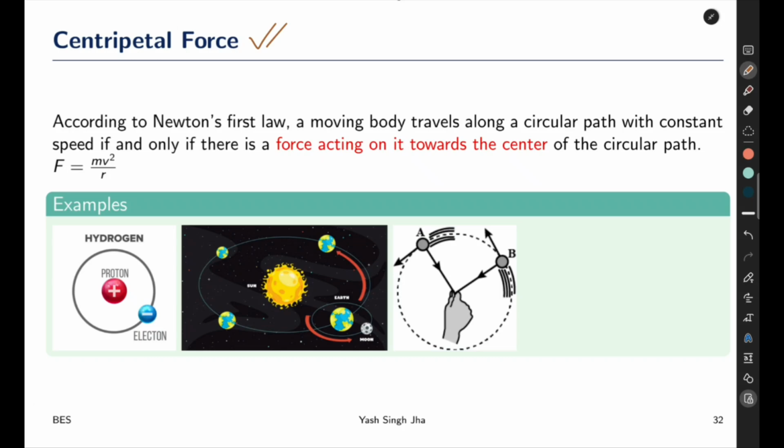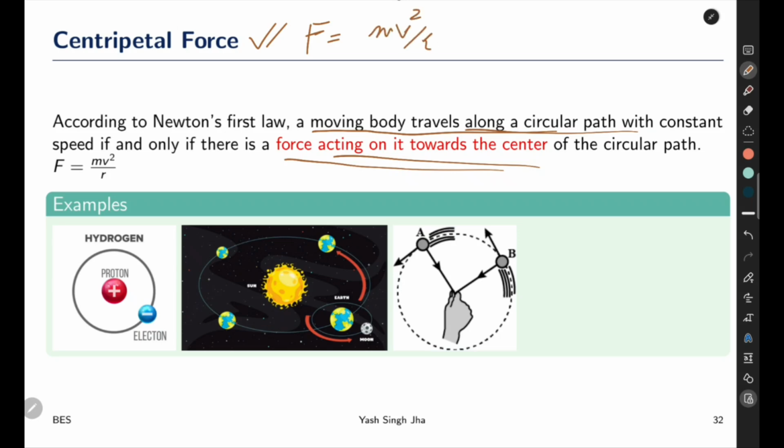According to Newton's first law, a moving body travels along a circular path with constant speed if and only if there is a force acting on it towards the center to change its direction continuously. That force is centripetal force, and the value of that force is F equals mv squared upon r.